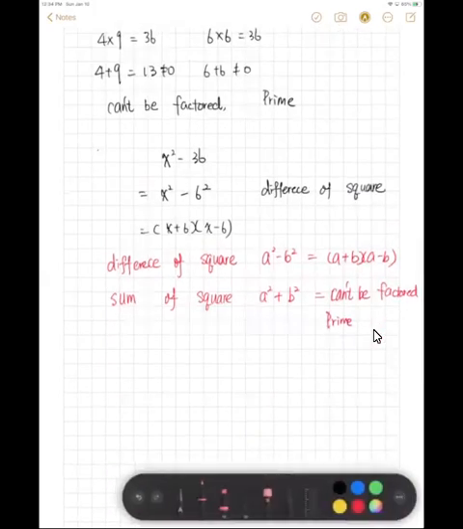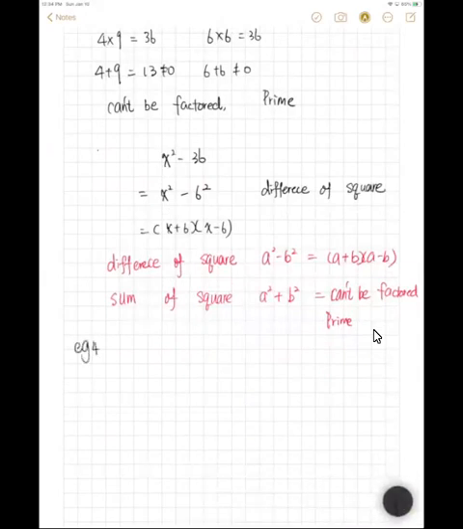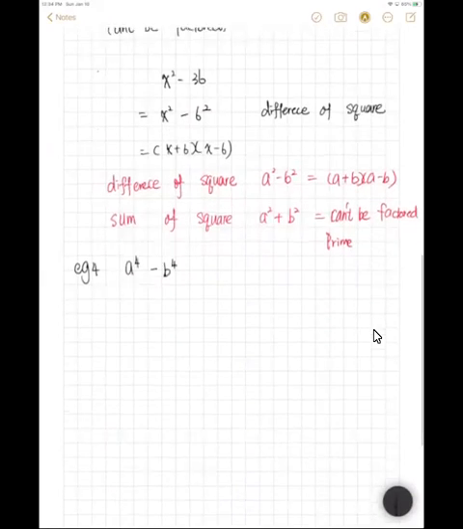Okay, so now what if I raise up the power a little bit? a to the fourth minus b to the fourth. What you can do is convert the fourth power to a square by using a squared, and then a squared minus b squared, the 2 squared. Now we find what? The difference of 2 squares.